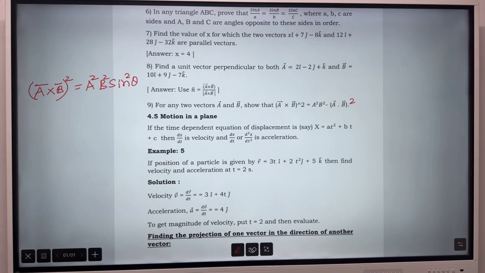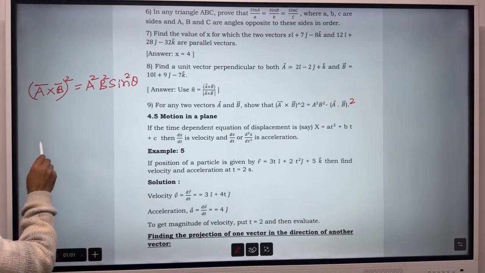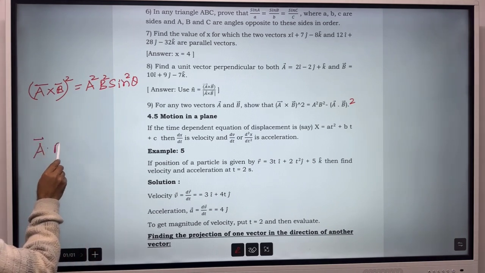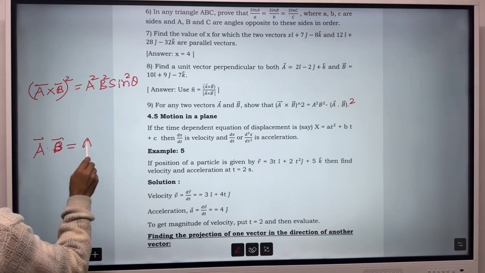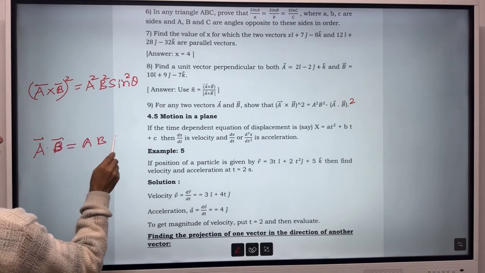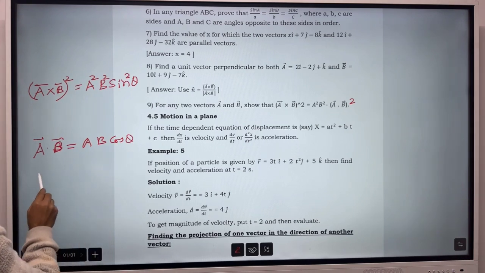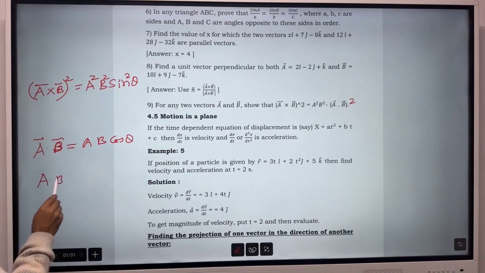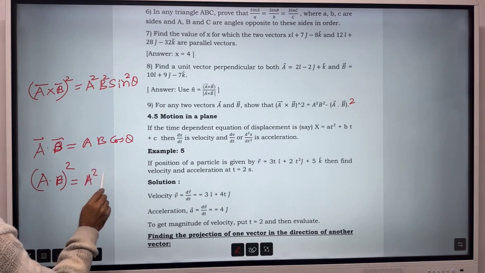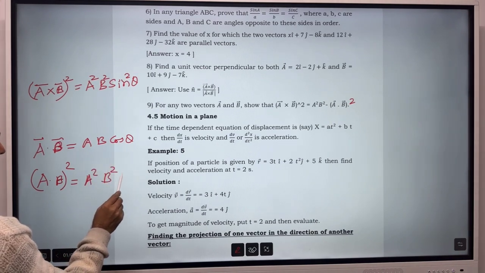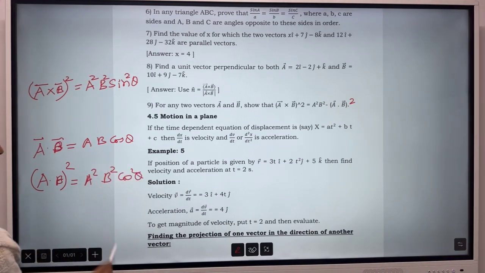Correct? Now, if you consider vector A dot vector B, you know vector A dot vector B is equal to AB cos theta. If you square it, A dot B whole square, you will get A square B square cos square theta. No problem. One more thing you can do.